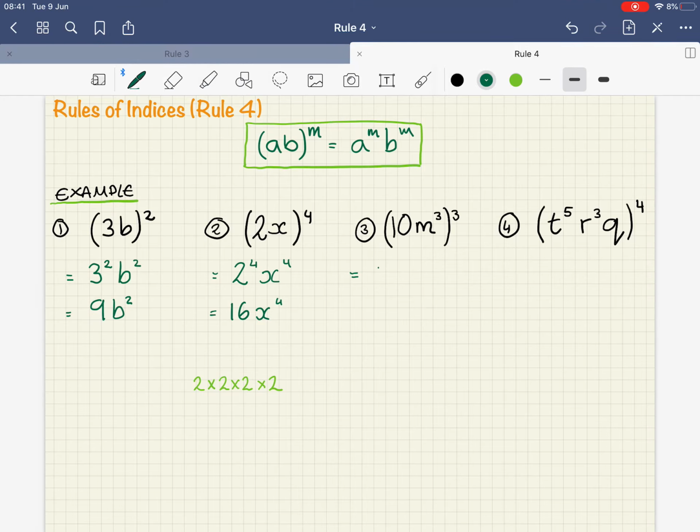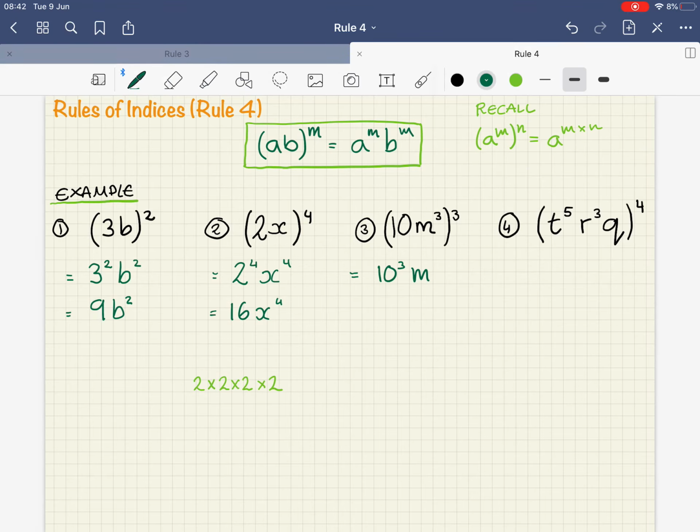So this next one then, I'm going to have 10 to the power of 3 and m to the power of... Now here, our m already has a power. And we need to remember, we need to recall our previous rule here. So our previous rule was when I have something with a power inside the bracket, with a power on the outside, we multiply the powers together.